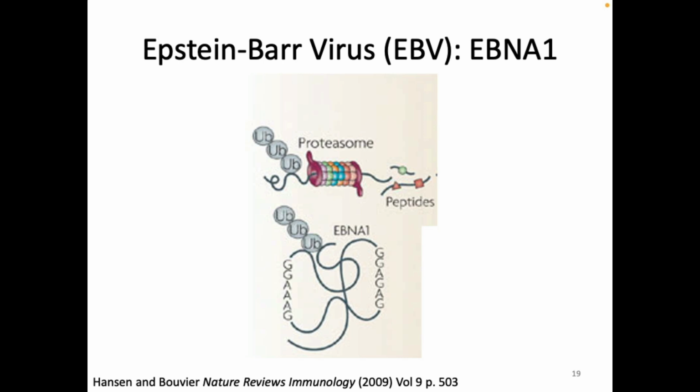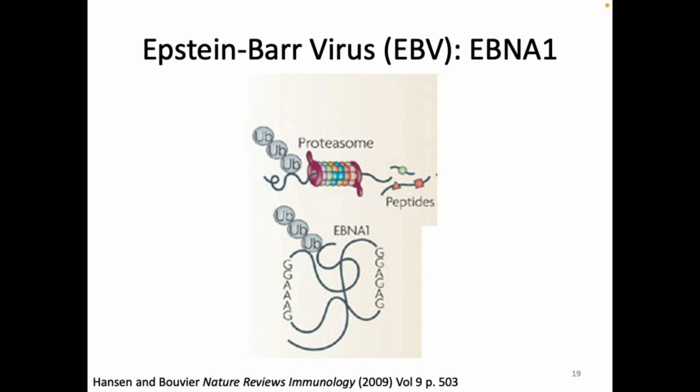In the case of Epstein-Barr infection, EBNA1 is made at huge levels. The virus needs so much EBNA1 in order to replicate. And so you can imagine EBNA1 is probably going to get degraded and presented on class 1 a lot and be a great target on class 1, right?